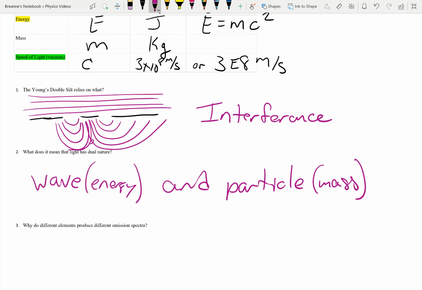Instead of waves just moving particles around, light itself is particles, and that's why it's able to move through a vacuum without using particles, because it is its own particle. It doesn't need a medium because it is its own medium. Another explaining why it can't go through solids, because it's its own particle.